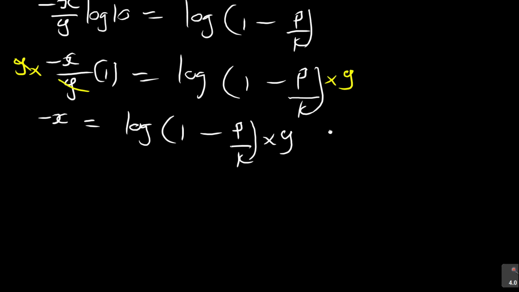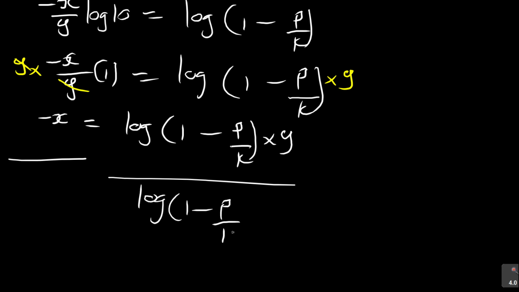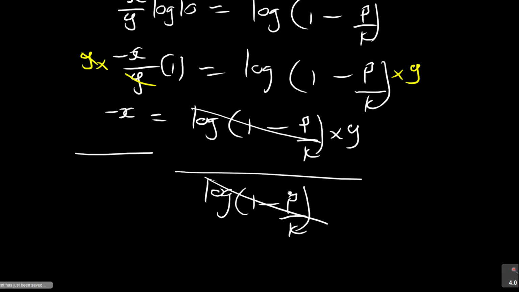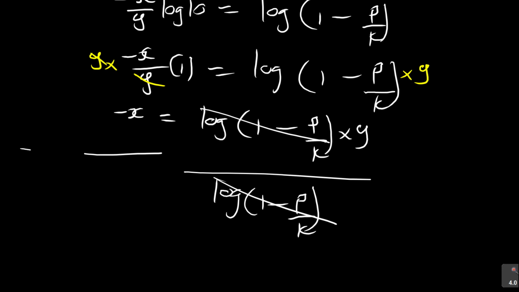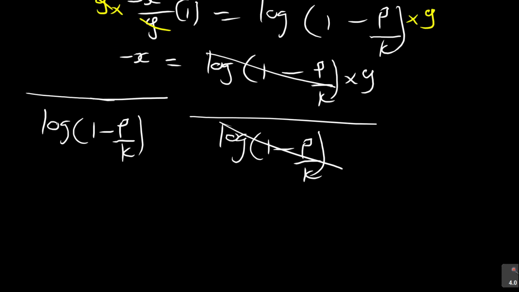My aim is to make y the subject, so I have to divide by what I don't want on the left and the right. So I don't want this log 1 minus p over k, so this will go and I'll remain with y. So on the other side also, if I divide by log 1 minus p over k, now it will give me y as the subject.